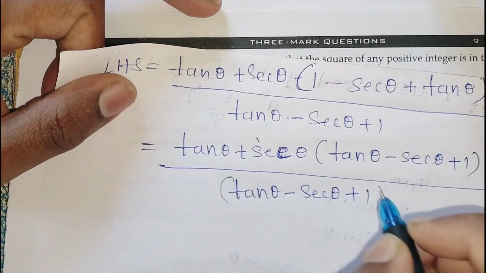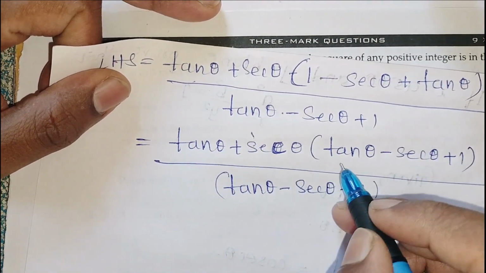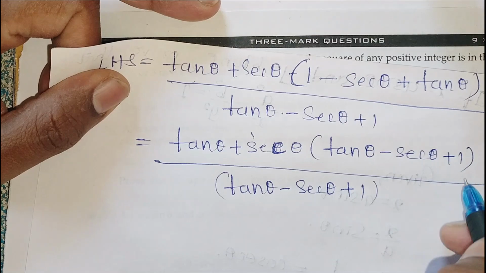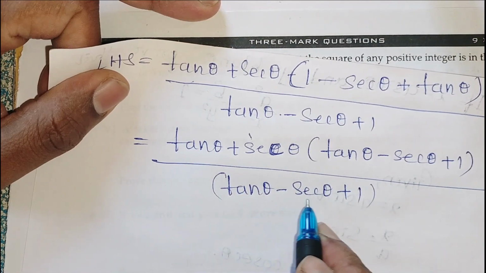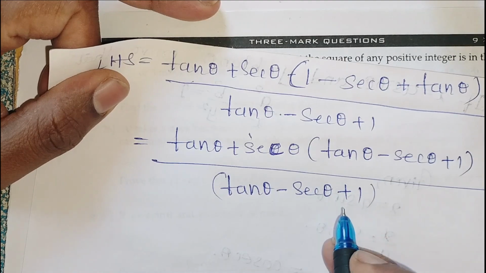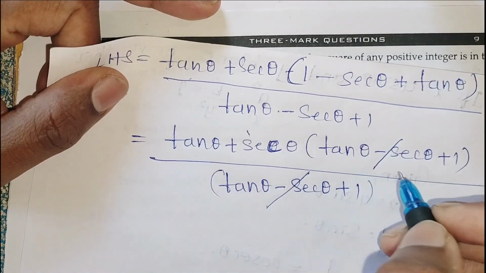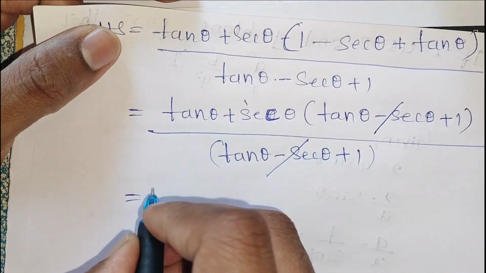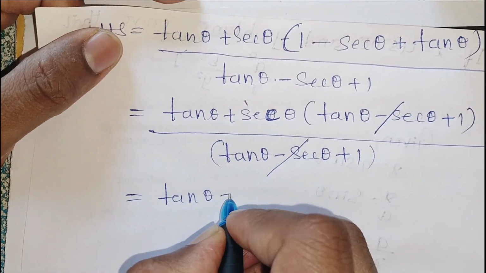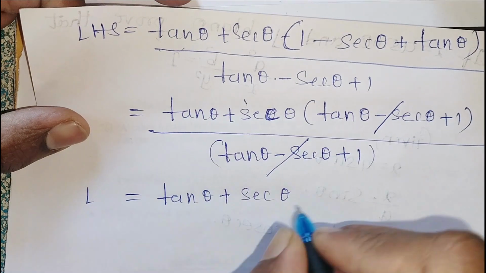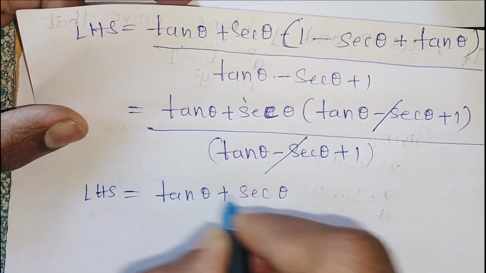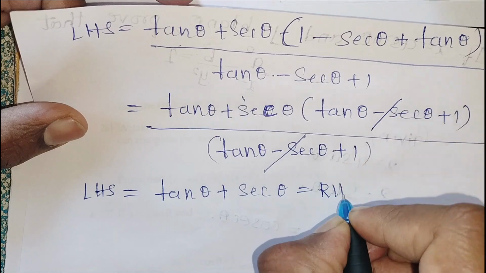Here we have these two terms the same, that is tan theta minus sec theta plus 1 in the numerator as well as tan theta minus sec theta plus 1 in the denominator, can be cancelled both, and the resultant is tan theta plus secant theta, LHS. Okay, this equals RHS.